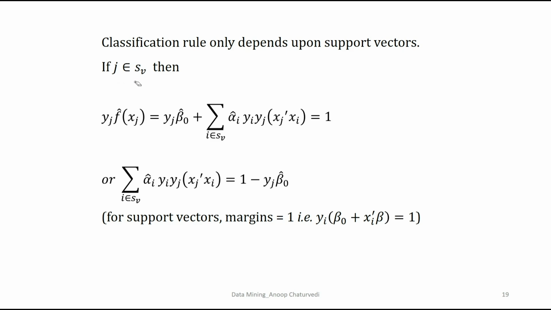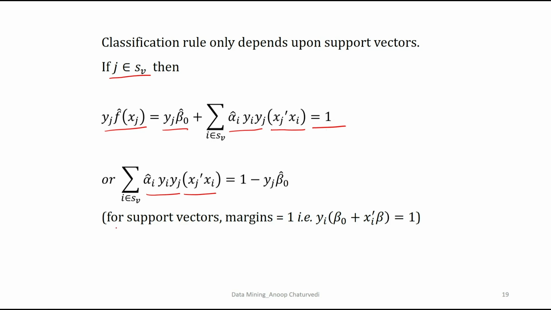Now, if j belongs to SV, then yj f hat xj is equal to yj beta naught hat plus summation i belonging to SV alpha i hat yi yj xj transpose xi, and this is equal to 1, or summation i belonging to SV alpha i hat yi yj xj transpose xi is equal to 1 minus yj beta naught hat.